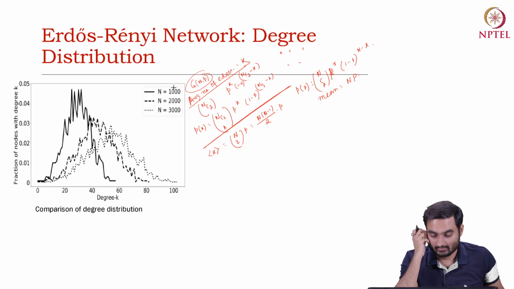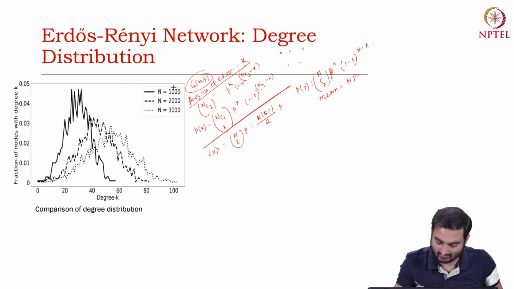Okay, so if this is the average number of edges, let us think of the degree. So what's the degree? We know that the sum of degrees is 2 into the number of edges, here 2 into the average number of edges.